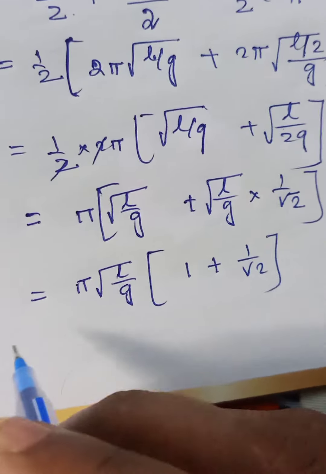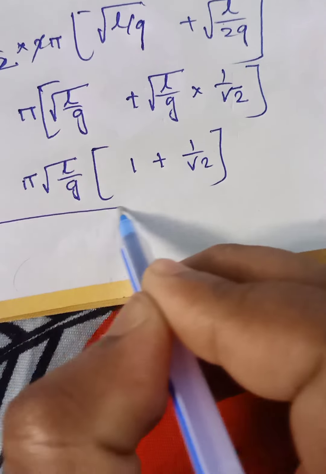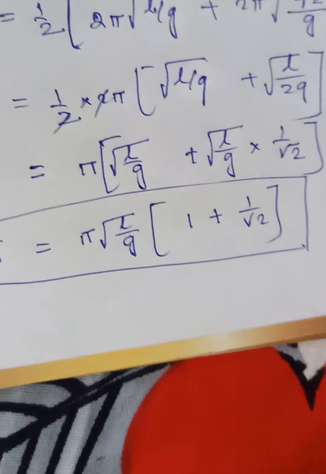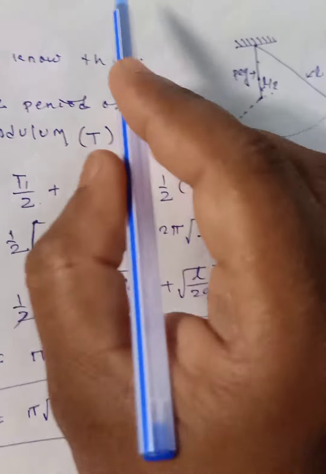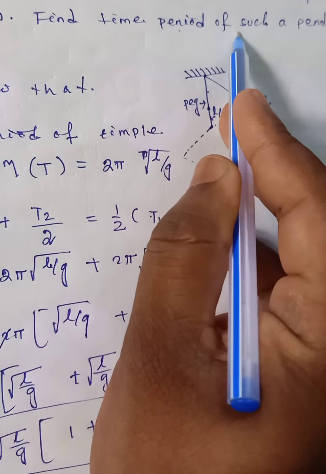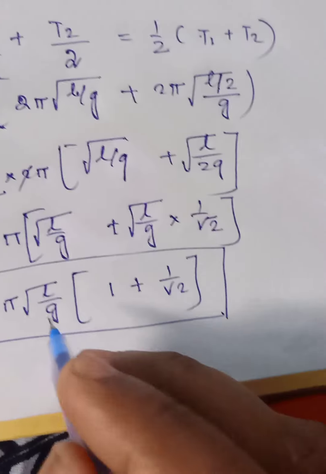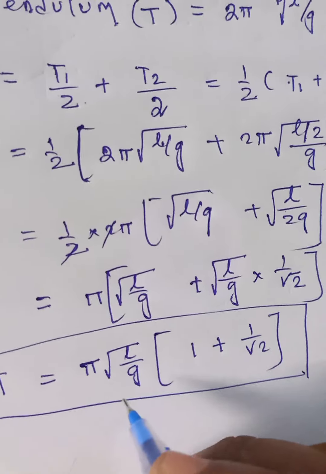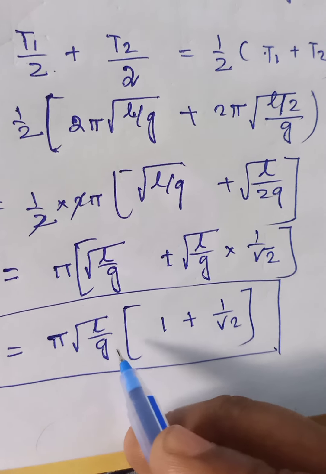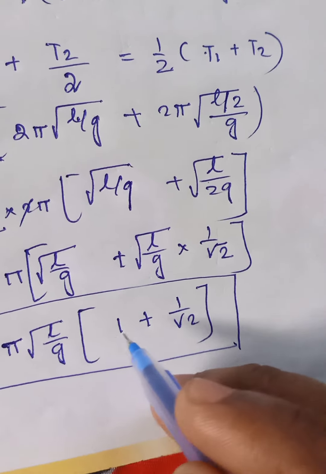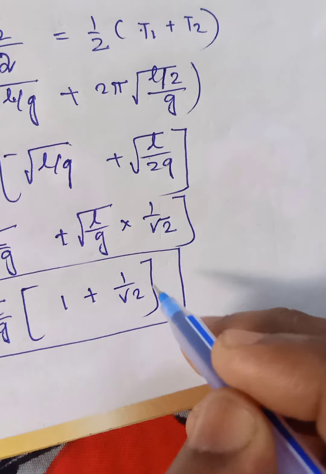So this is the time period. Our question is to find the time period of such a pendulum. So the time period of such a pendulum is pi times root of L by G, times the whole of 1 plus 1 by root 2.